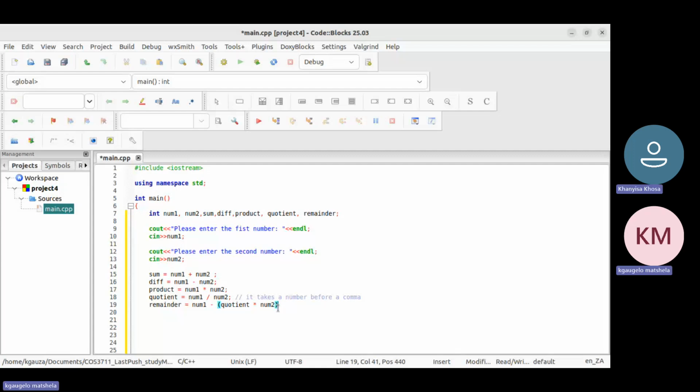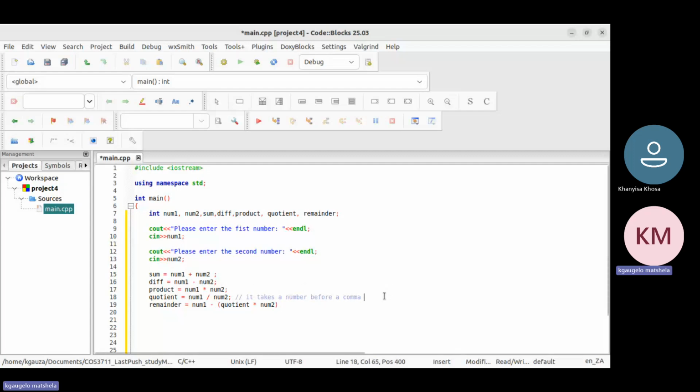Having that 7 and 5, you take num1 as 7 and num2 as 5. So right now you're gonna say 7 divided by, what, 7 divided by 4, right?